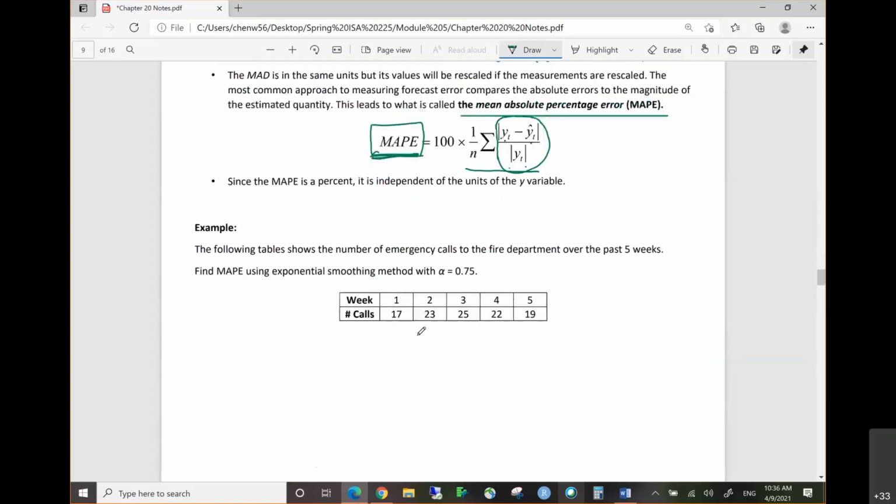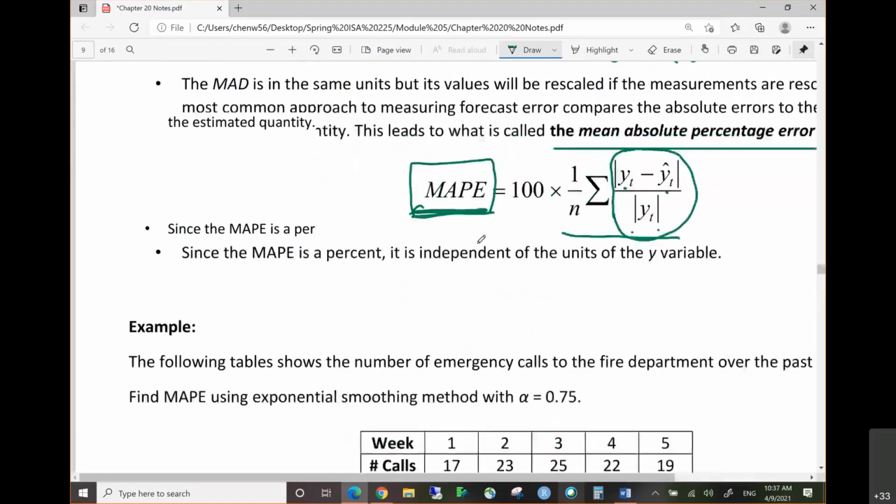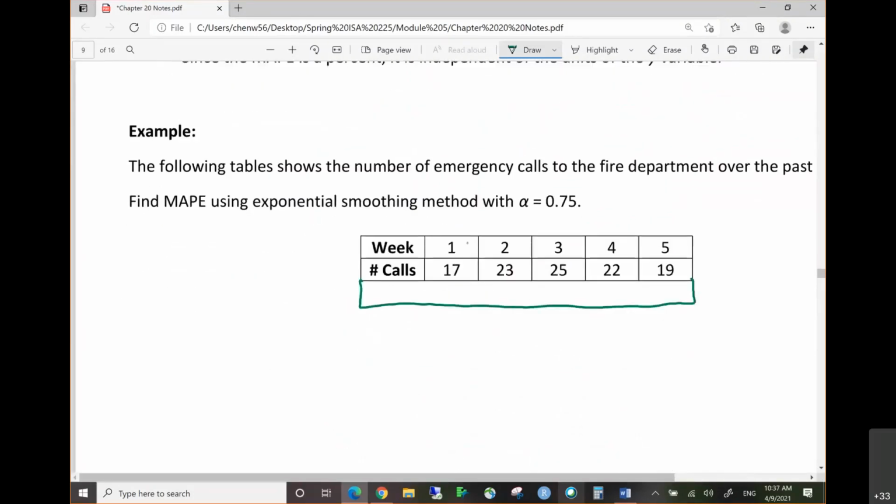Now let's focus on our time series. Again, we have this short time series. In the last step, we already got our estimated value of y by the exponentially weighted moving average, with alpha equal to 0.75.